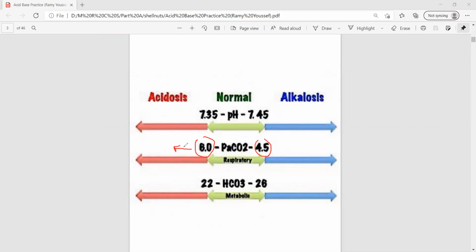As we have more CO2, we go to acidosis. Who has less CO2 will go to alkalosis. The bicarb goes to the other side. If we have less than 22, we go to acidosis. If we have more than 26, we go to alkalosis.